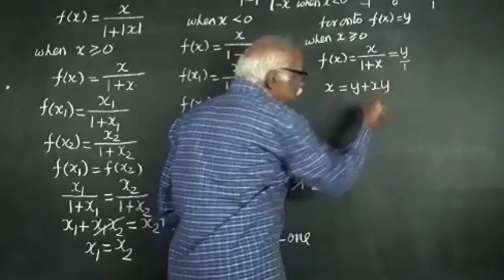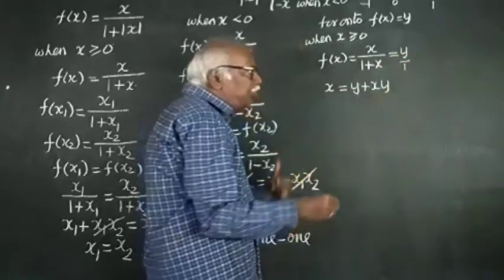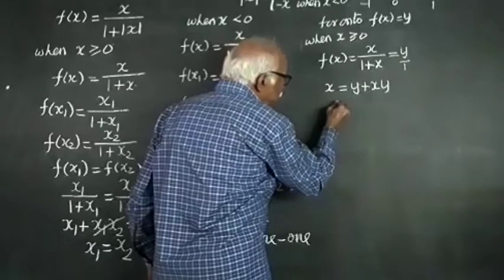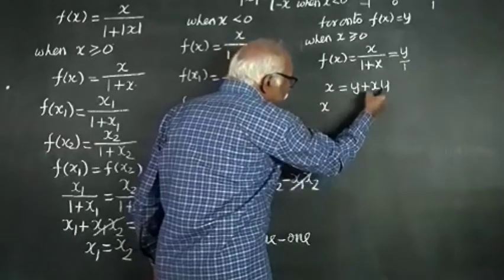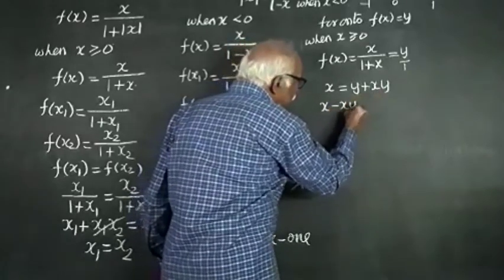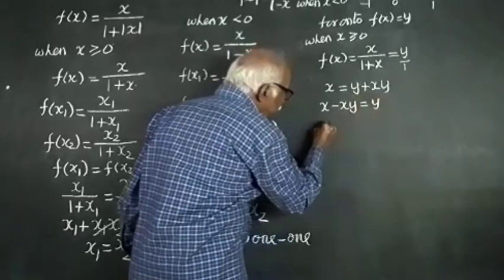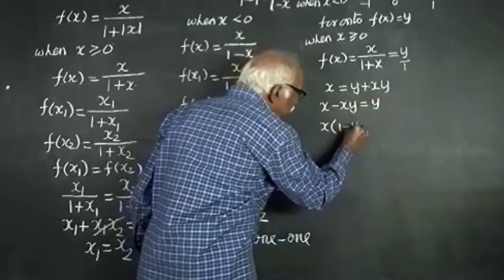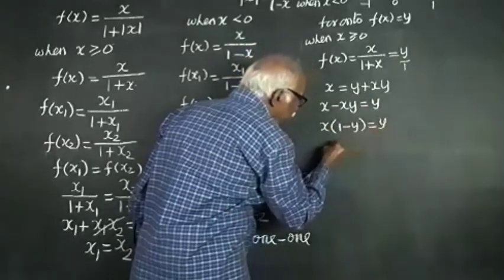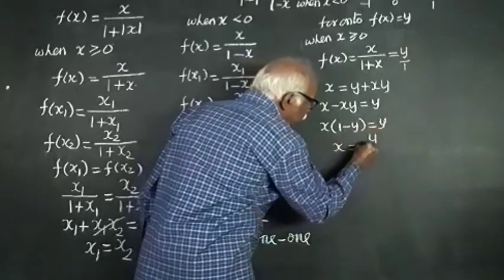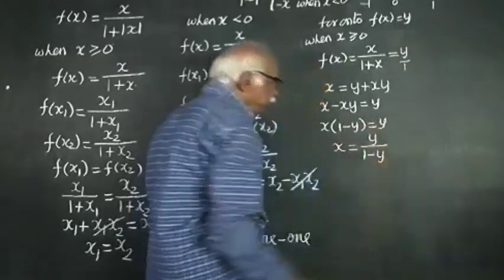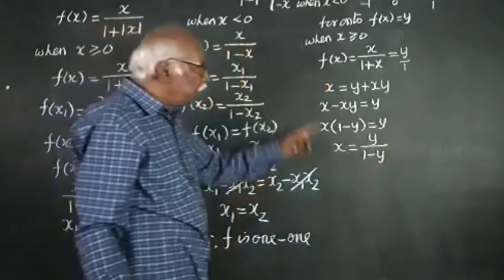Then find x in terms of y. Therefore x minus xy equals y, so x into 1 minus y equals y. Therefore x is equal to y by 1 minus y.